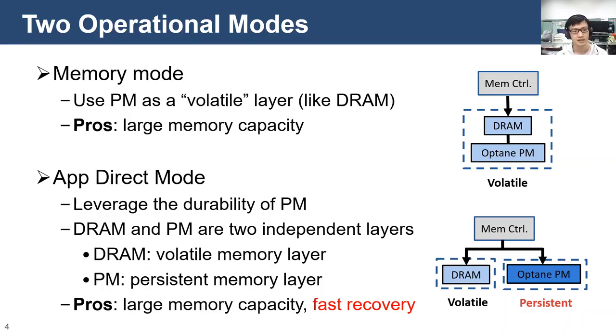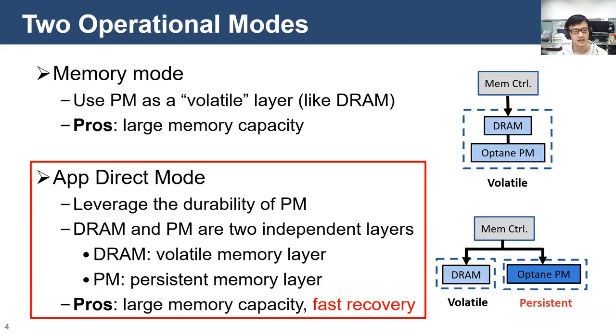As a result, it is possible to load data stored in PM to enable fast recovery, which, however, requires careful persistent memory programming. In the context of this talk, we focus on app direct mode to fully exploit the non-volatile memory feature of persistent memory.